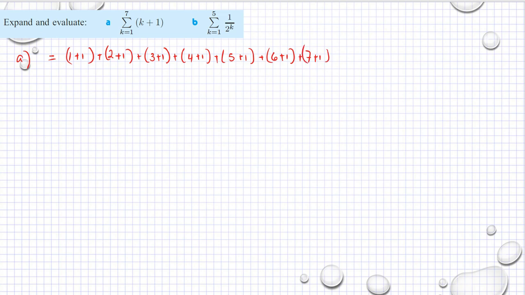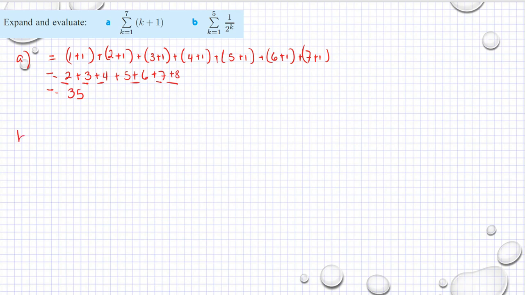It should be up to 7. Then we have 2 plus 3 plus 4 plus 5 plus 6, 7, 8. And then the sum of that, 10, 20, 30, 35.